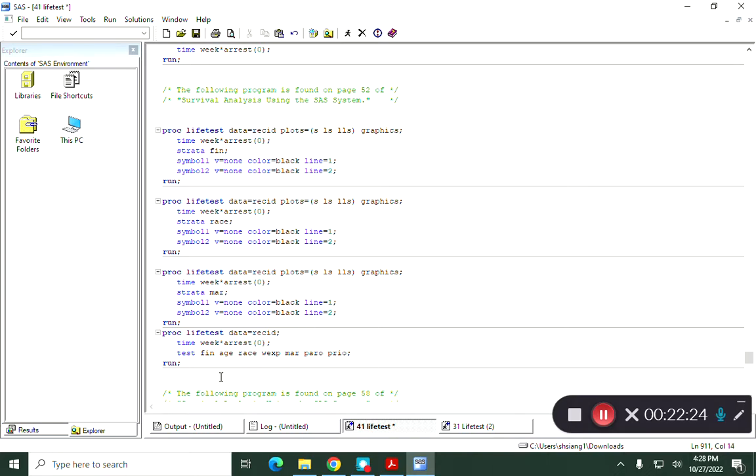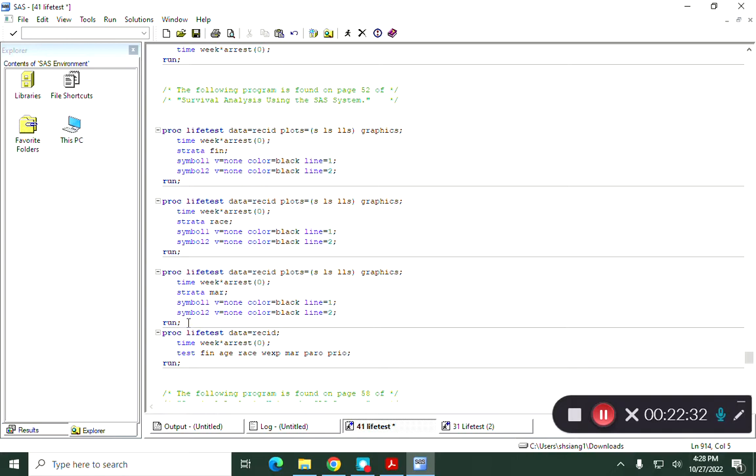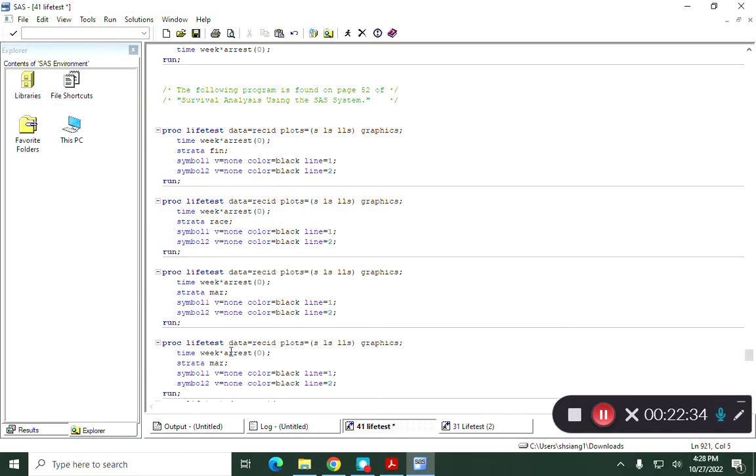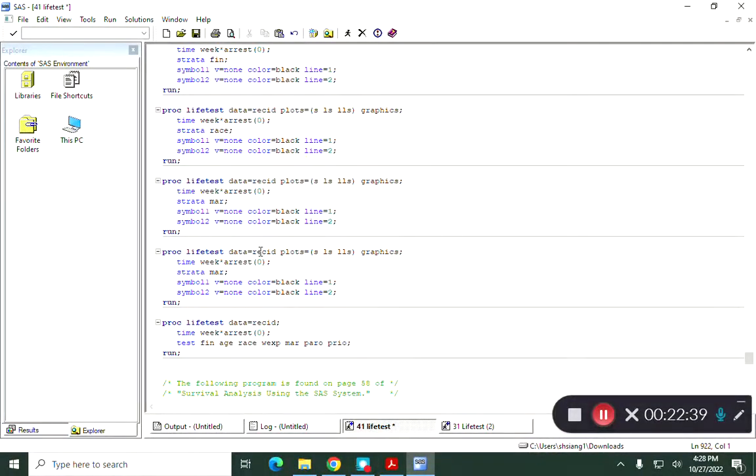And then I'll test for, and I only use those binary ones because if it's more than 2, I need to have more symbols, and I don't want to spend time showing how to do the symbols because that's not, okay. And I'll have a marriage status. Yeah, I'll have a parole.